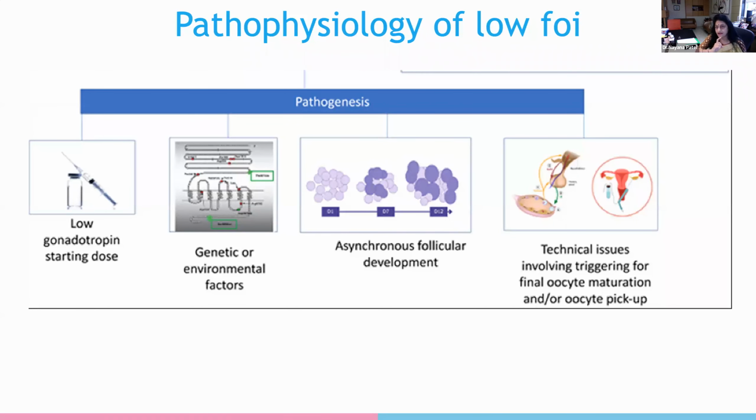Now, if you get a low follicle to oocyte index, that means either you had started with a low dose, you have just started with FSH where you also needed LH, or there were some technical issues, temperature not maintained, or the triggering was not proper, or the time from triggering to retrieval was not proper, or there was genuinely an asynchronous growth, which you could not identify on day 1, or genetic or environmental factors.